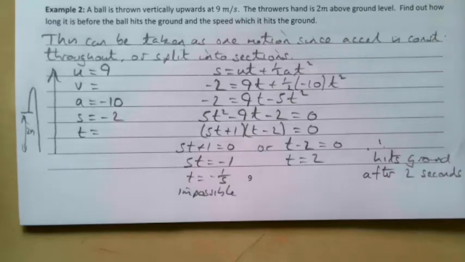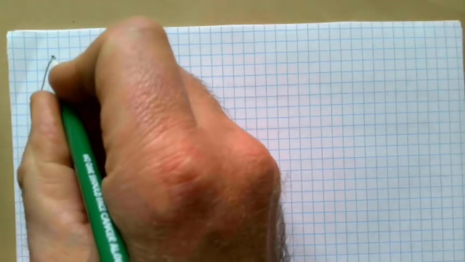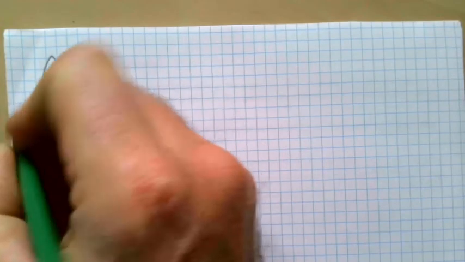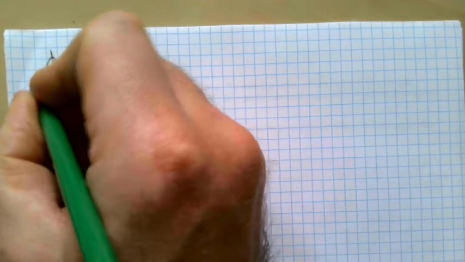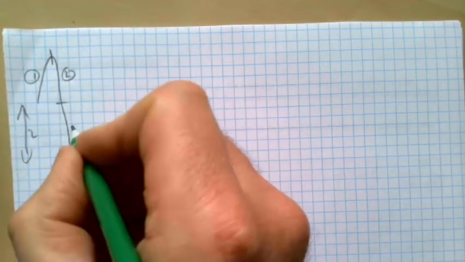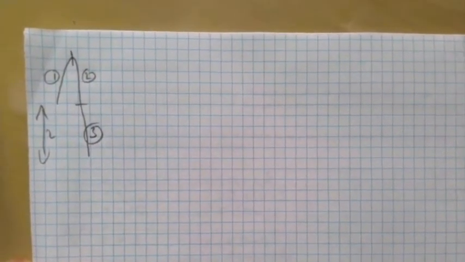Let's do the same thing again, only we're going to split it into its 3 sections, just to see how it works. We'll do a quick run through of this. It gets thrown up and then comes down to here, where that distance is going to be 2. We split this into section 1, section 2 and section 3 and work out the time for those.